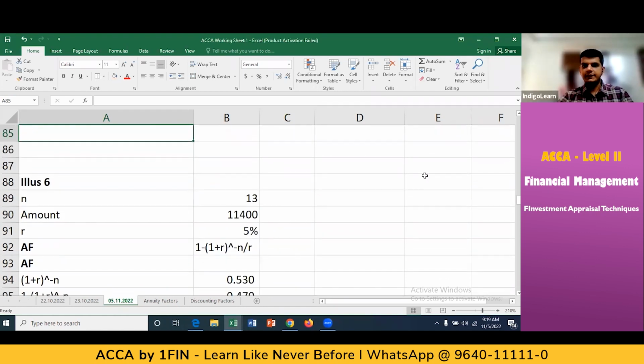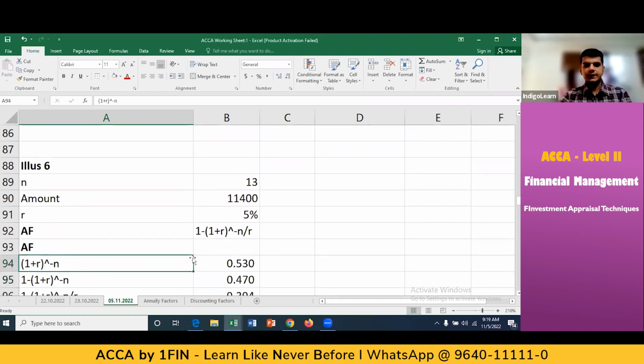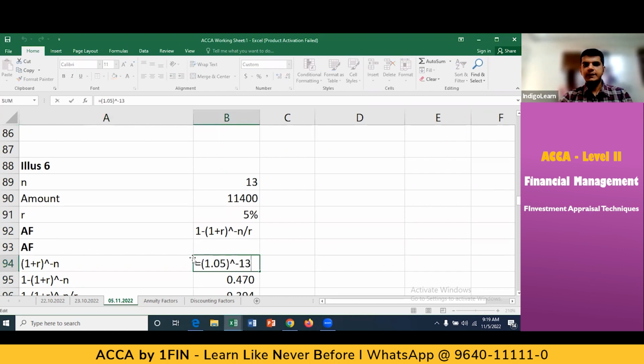Niti, maybe we'll continue. You can see here and try accordingly. So again, (1 plus r) to the power minus n, that is 1 plus the rate of interest to the power minus 13, that is n. Then 1 minus (1 plus r) to the power minus n, we just subtract it from 1.